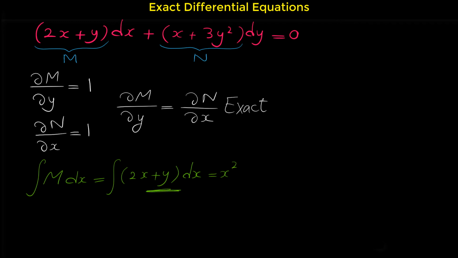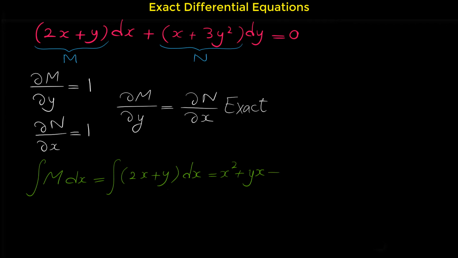And integral of y with respect to x is yx. Note that because we integrate with respect to x, y is a constant. For example, if you think of y as 5, integral of 5 dx is 5x. And so integral of y dx is yx.